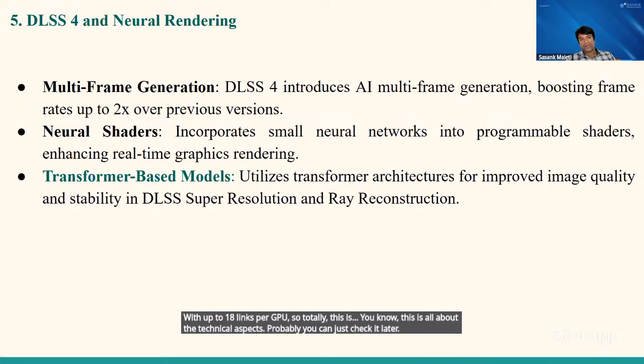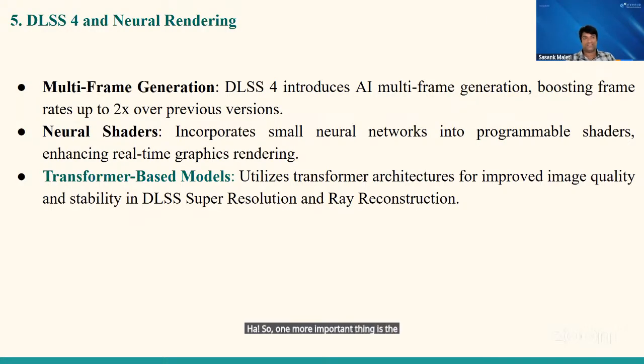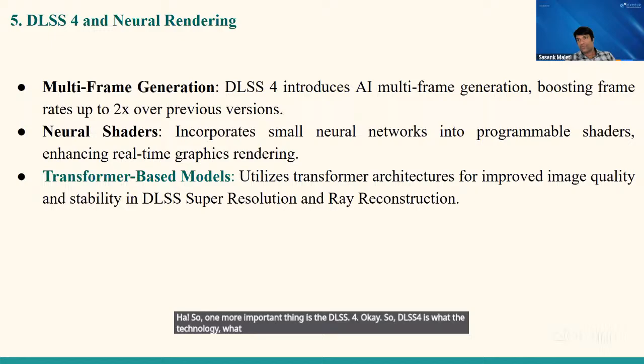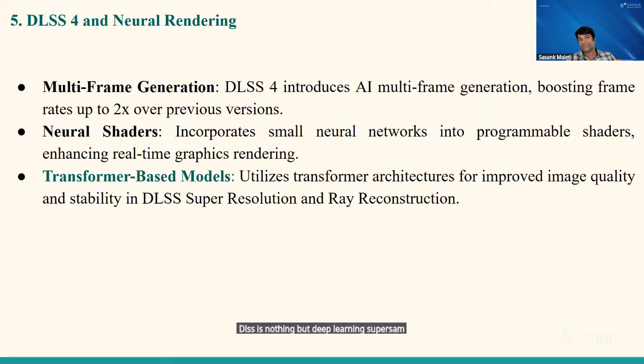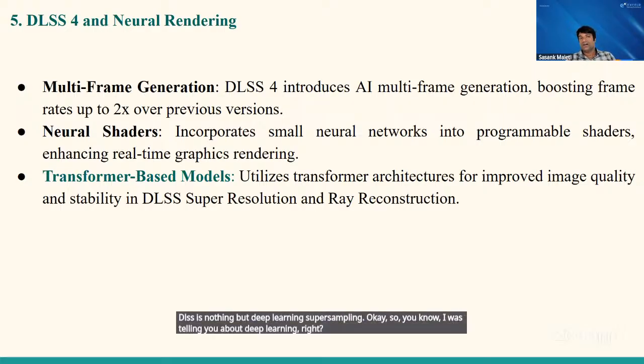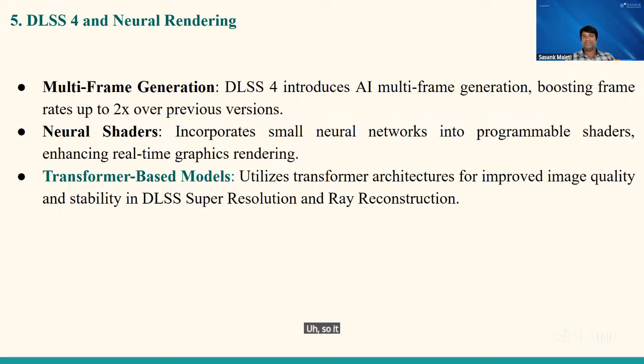One more important thing is DLSS4, which is introduced in the Blackwell architecture, powering the second generation transformers. DLSS is nothing but deep learning super sampling. I was telling you about deep learning, right? It uses deep learning because the entire transformer approach relies upon deep learning.